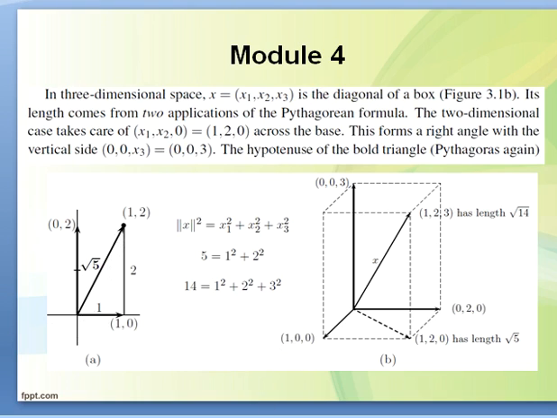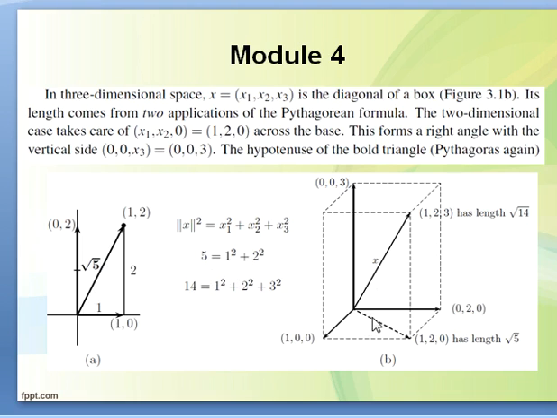From Pythagoras theorem, we apply it here: the two vectors are normal to each other if the sum of their squares, like 1 square and 2 square, is equal to 5.